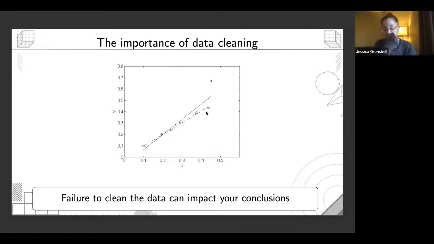Had I cleaned my data, thrown out the observation that was erroneous, I would have been able to estimate that truth. If I keep the outlier in the data, you can see I get an entirely different line that's fit to the data. So you can tell that if I don't clean my data appropriately, this is a super simple example, but you can impact the conclusions, right? You make an error here, everything downstream is going to have an issue.